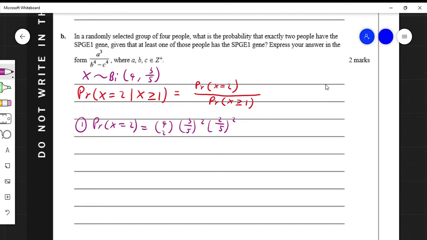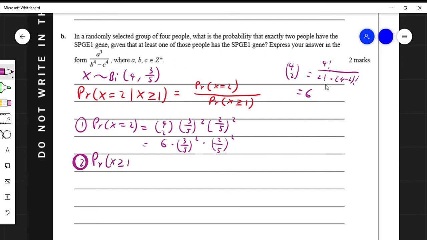And here 4 choose 2 is 4 factorial over 2 factorial times 4 minus 2 factorial. You can work all that out, it's 6. And so this gives us 6 times 3 on 5 squared times 2 on 5 squared. Now I'm just going to leave it like this for now. I'm going to have a look at what the other one looks like, and then we can try and simplify it. So next, we're going to try and work out the bottom of the fraction.